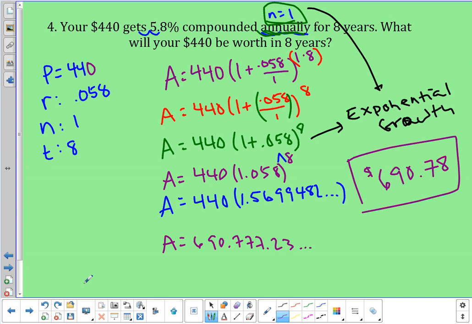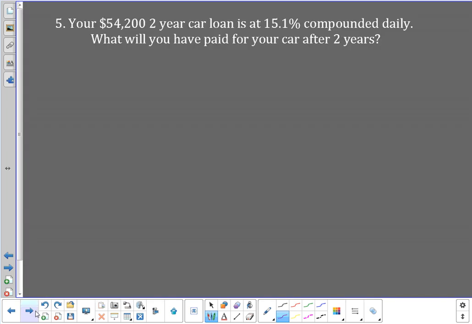All right. Let's take a look at number 5. We have 2 more questions left. Your $54,200 2-year car loan is at 15.1% compounded daily. Holy buckets. What will you have paid for your car after 2 years? Oh boy. This is kind of a sad one because this is a car loan. This is about how much we're going to have to pay.